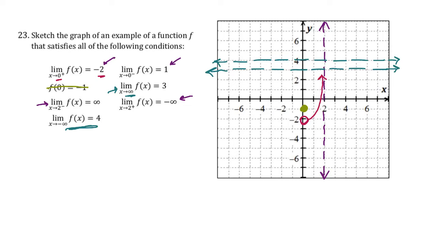And that took care of that one. And this other one, x approaches 0, I'm going to be at positive 1. So I'm going to do an open circle here at positive 1. And notice that one's telling me that as I'm approaching there, I've got a 1 going on. So, all right. And as I go toward negative infinity, I'm flattening out at 4. So I think this one's probably going to do something like this.